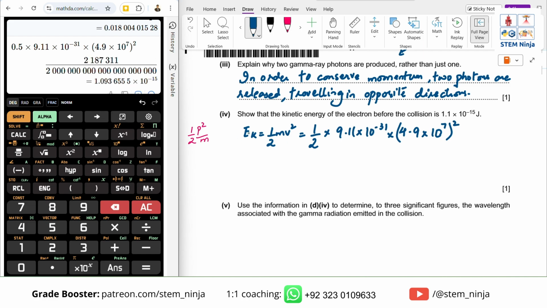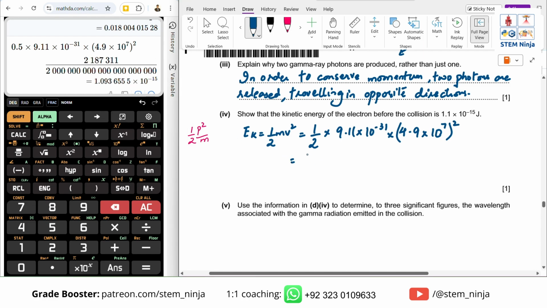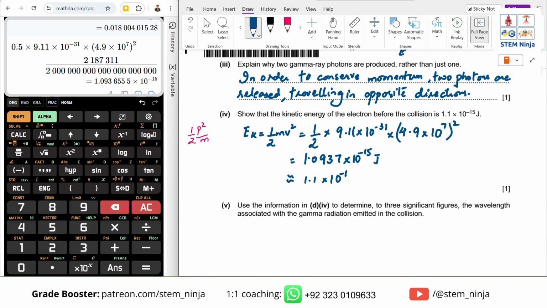So we get 1.093, which can be written as 1.1 × 10^-15 joules.